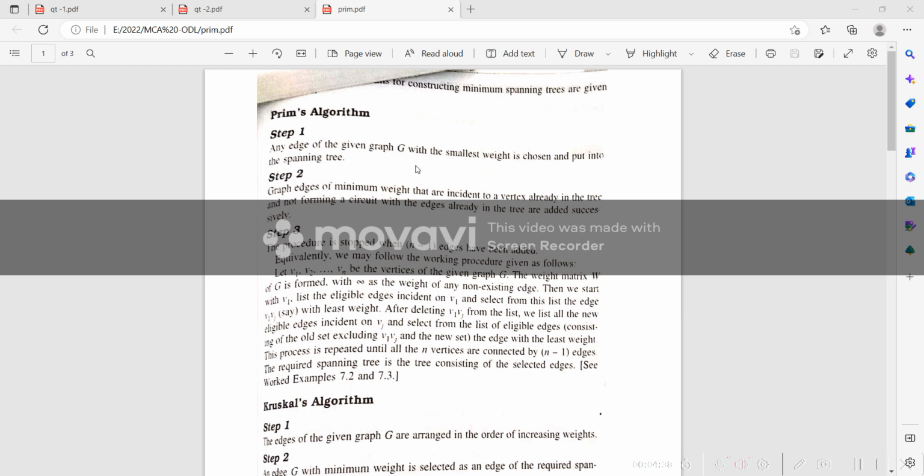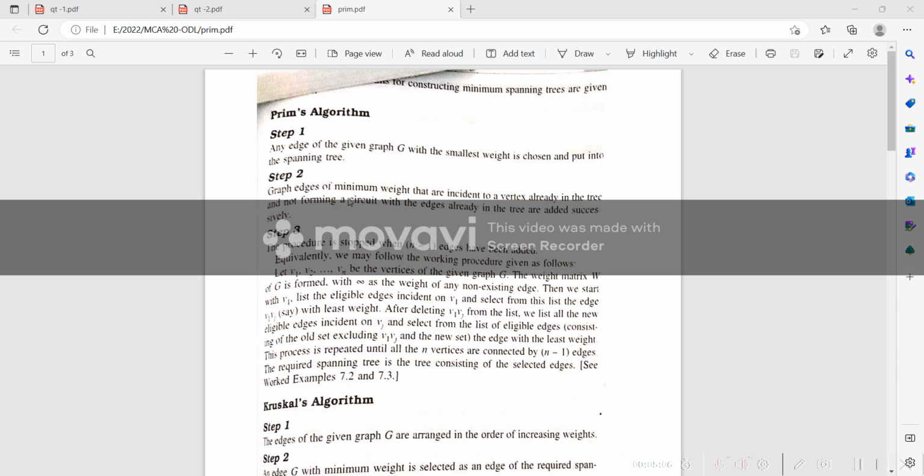So from all the edges starting from those two vertices, all those we have to consider except the already selected edge. Okay, remaining all the edges we should consider, and the edge with minimum weight is going to be selected for the next iteration.